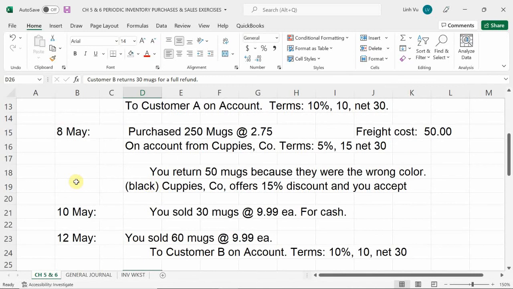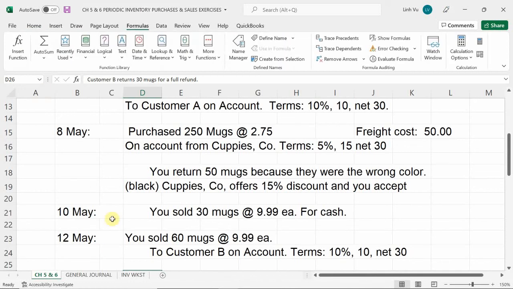I also was given an additional 15 days to pay, but I paid on the 30th. No, I missed this one too, because 15 days after the 8th is going to be the 23rd. I did miss my discount due date here. So I end up paying for whatever I owe for May 8th.